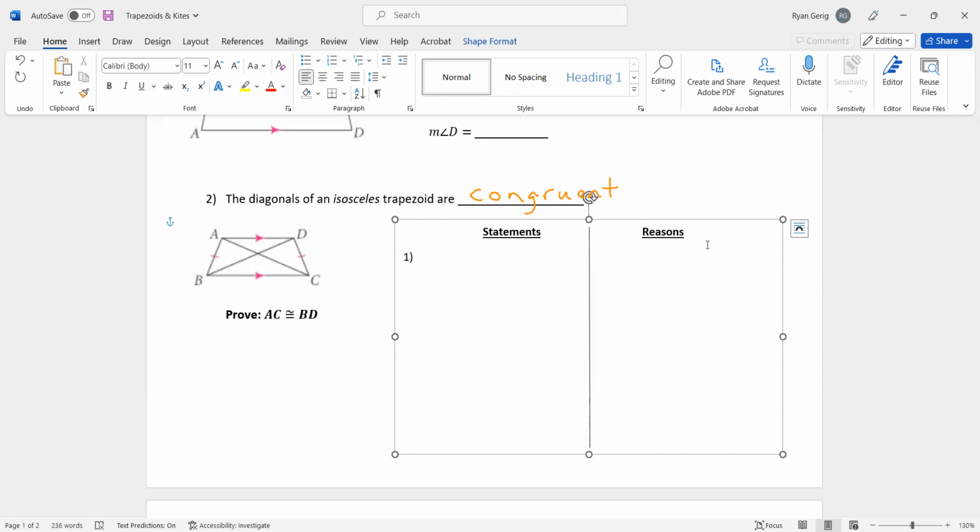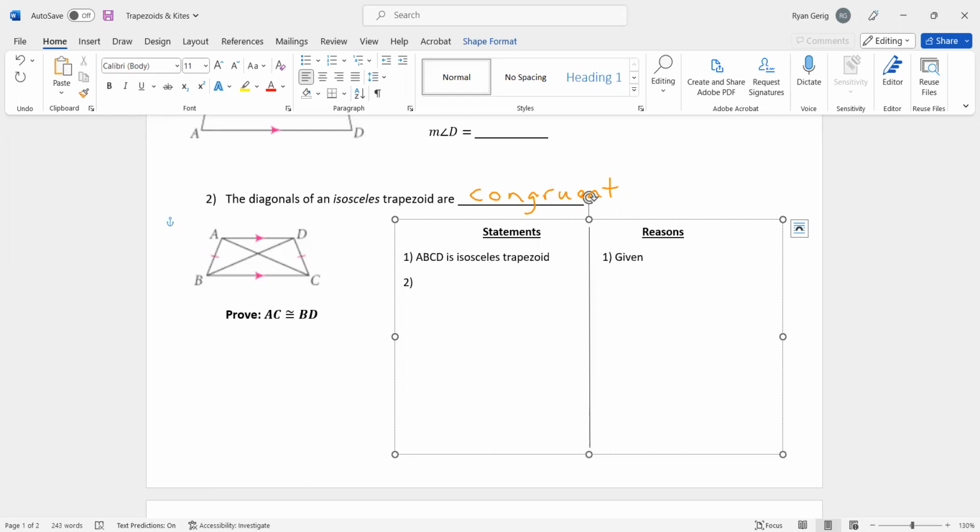So first thing I'm going to say is ABCD is an isosceles trapezoid. I didn't give that to you, but I'm going to tell you it's given. It's pictured there.